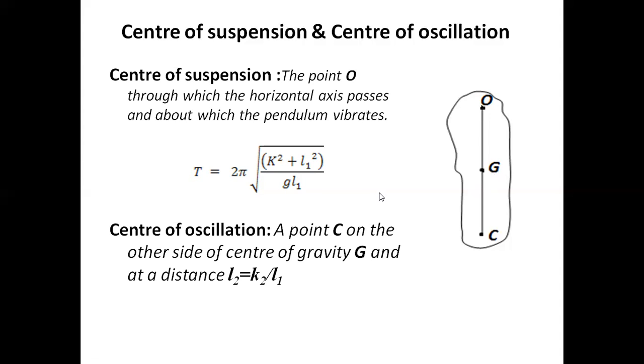Then what is the center of oscillation? It is a point C on the other side of G, at a distance L2. So the distance from G to C is L2, which is equal to k square by L1. So these are the definitions for center of suspension and center of oscillation.